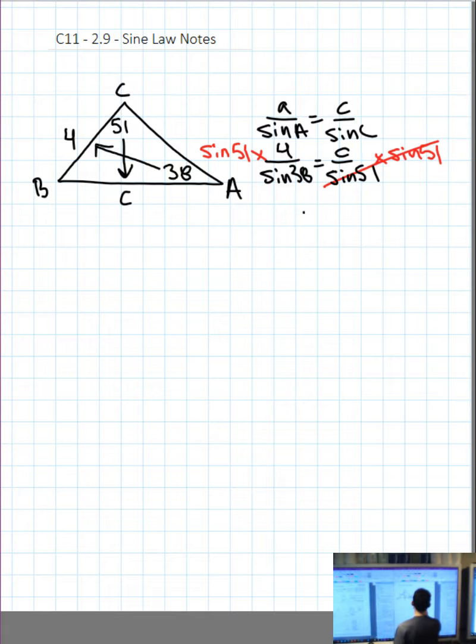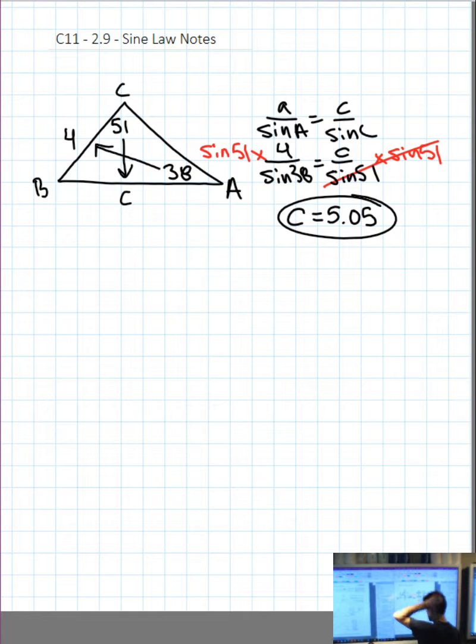So down the page, we can mirror it. c equals sine 51 times 4 divided by sine 38. c equals 5.05, round however many you want. I should have given you units, but it's the same units as what we're working with. So again, that's sine law if we have an opposite pair and one other piece of information.